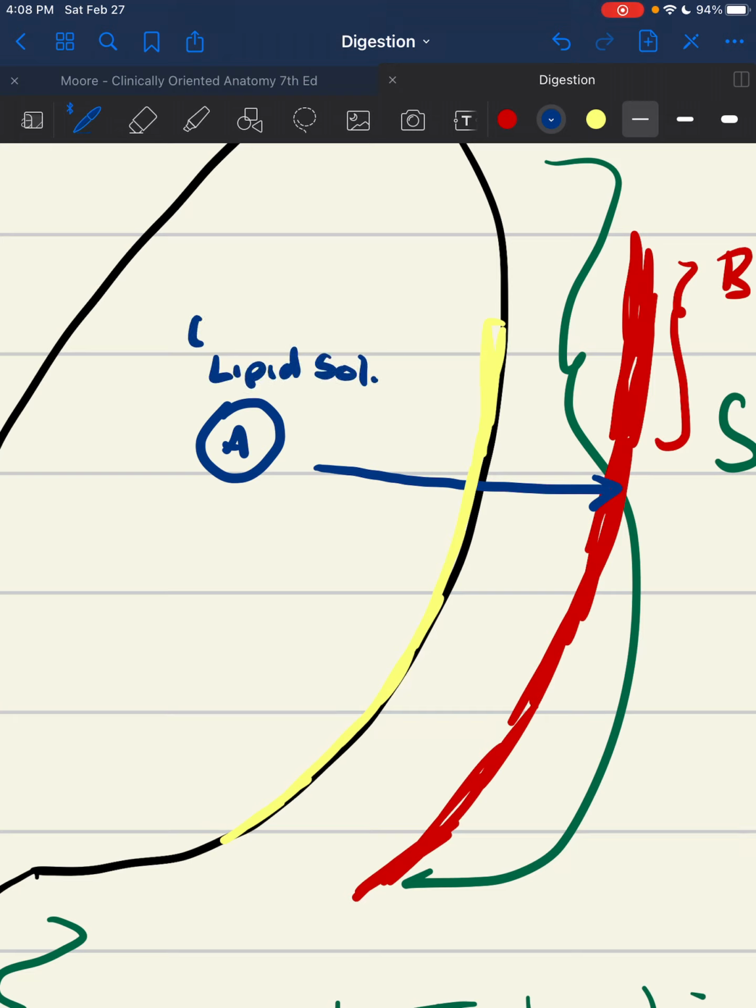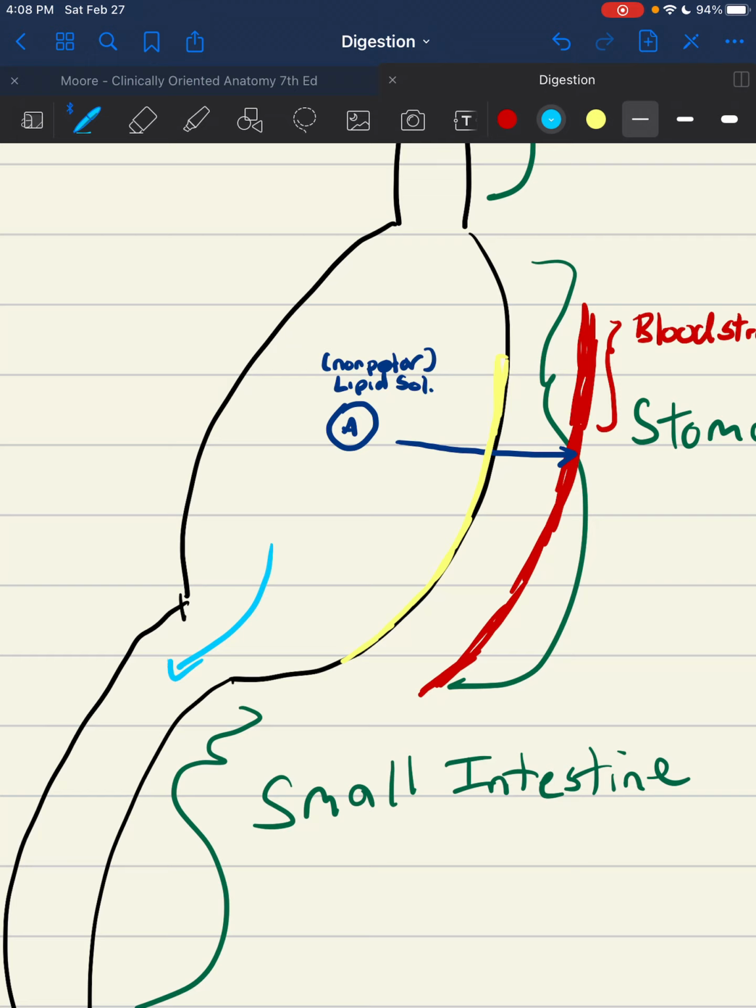In other words, it's got to be nonpolar. If it is polar, it will stay in the solution of water, in the aqueous environment. If it is lipid soluble, in the dark blue, it will go right through the stomach lining and into the bloodstream.